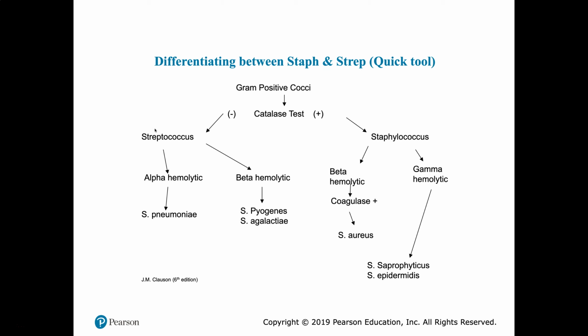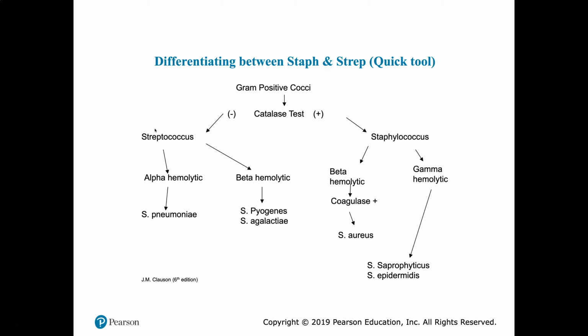So immediately, just by simply taking a small sample, adding it to catalase, you can say, all right, well, that's pretty impressive. I'm pretty sure I have staphylococci if it's catalase positive, or I don't have any bubbles, therefore it might be streptococci.